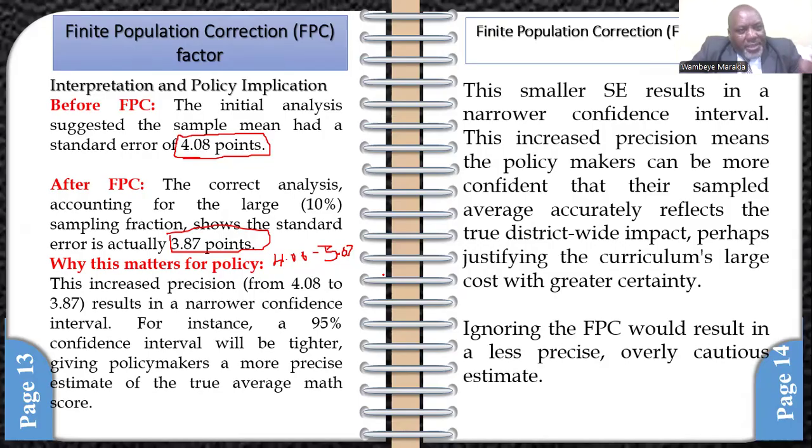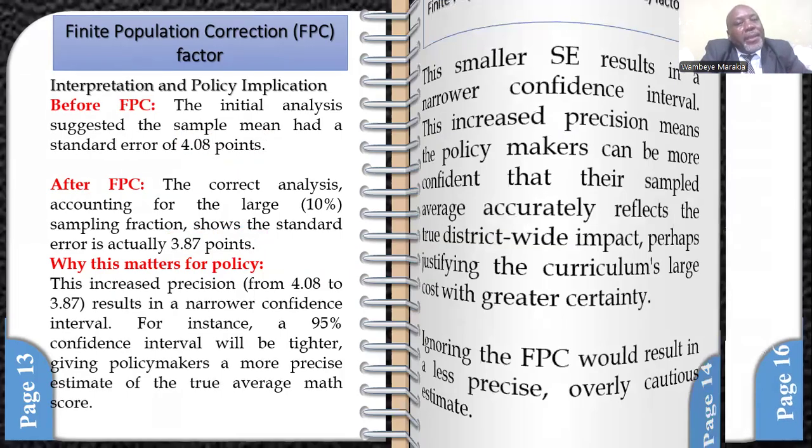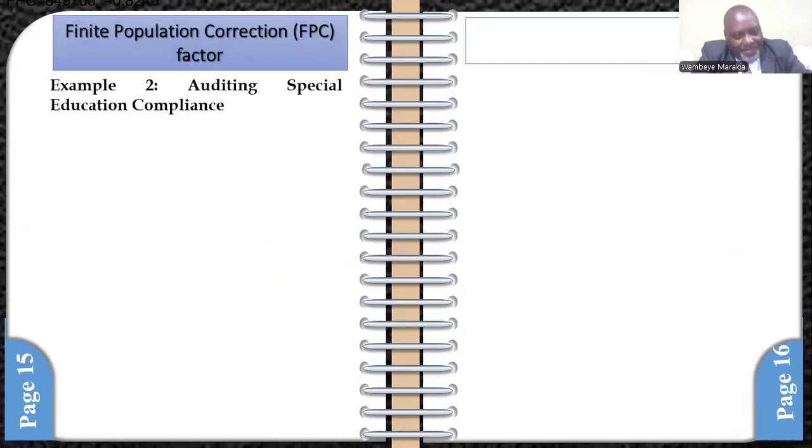Ignoring the finite population correction will result in a less precise, overly cautious estimate. In this case, we've seen that applying our finite population correction reduces the standard error.